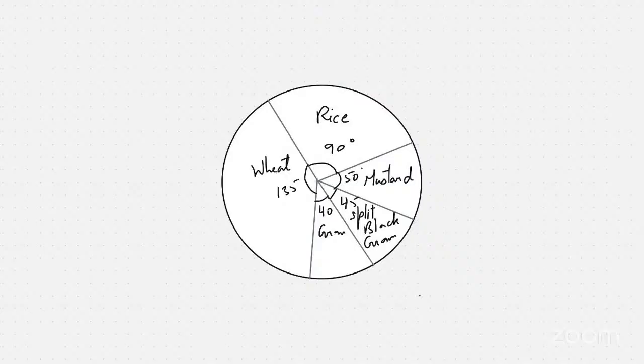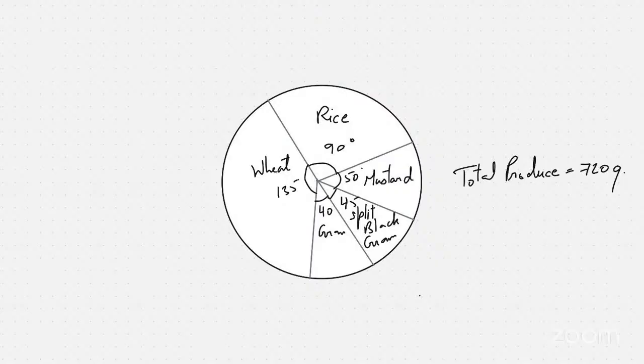What you have to do here is that it is given to you in degrees. Total produce is given: 720 quintal.